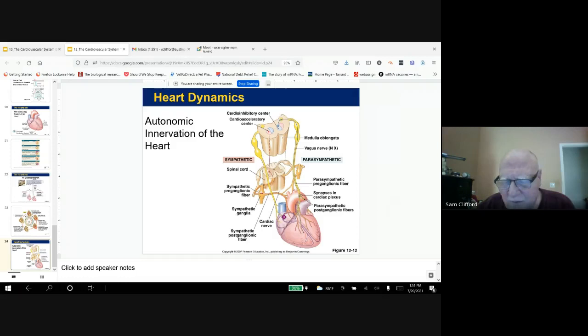So when you're running from a danger or you get really, really excited and you have to remove yourself from a bad, dangerous situation, the sympathetic system, with input from the cardio acceleratory system, causes the heart to beat faster and more strongly. The inhibitory center will slow down the heart when you're resting and digesting.